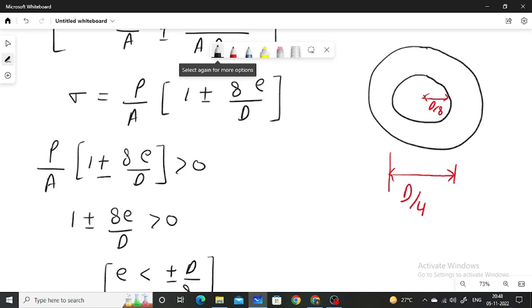So there is no tensile stress induced in the cross section of the column if the eccentric load is applied in this circle whose diameter is d by 4. This rule is known as the 1/4 rule for the circular cross section.